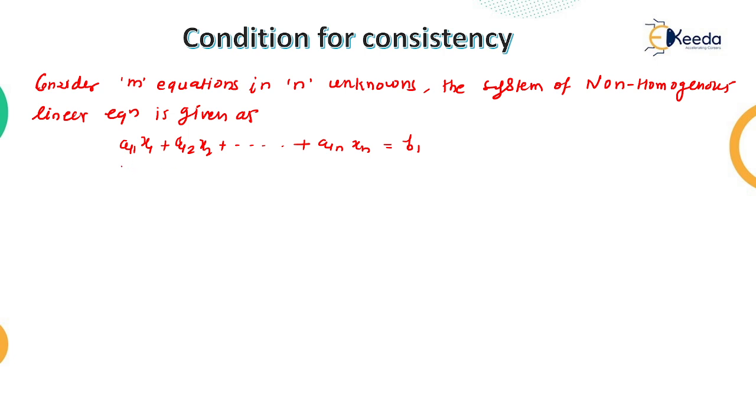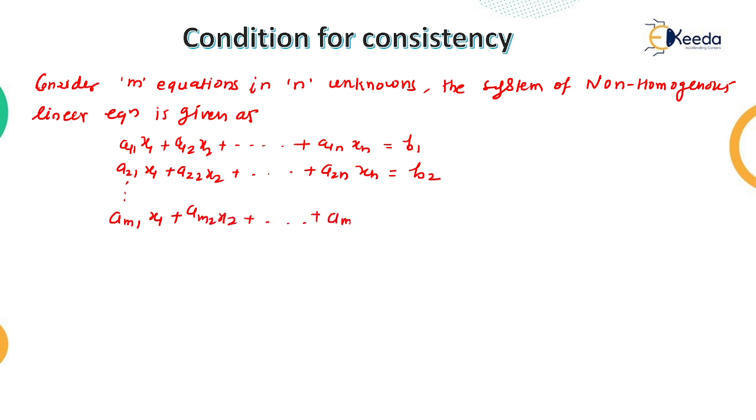Now I'm considering the second equation as a21 x1 plus a22 x2 plus and so on plus a2n xn, that is equal to b2. So in this way we have to consider m equations. So am1 x1 plus am2 x2 plus and so on plus amn xn, that is equal to bm. Now this is a system of m equations.